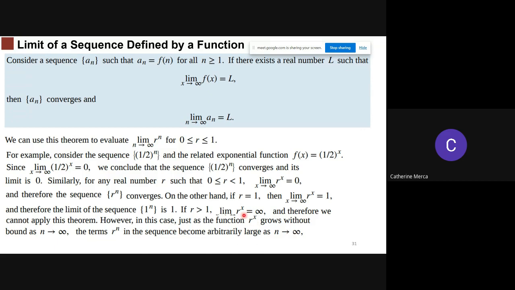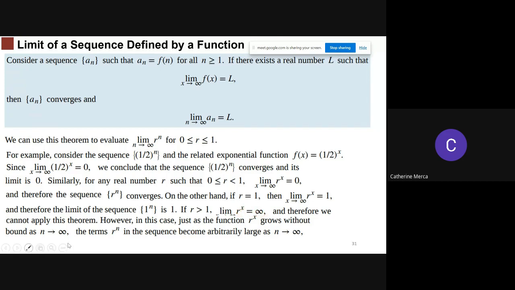So if you have r to the x with r greater than 1, it becomes large. For example, r equal to 2. 2 to the 1, okay, it's just 2. But 2 to the, say, 1 million, it becomes very big.